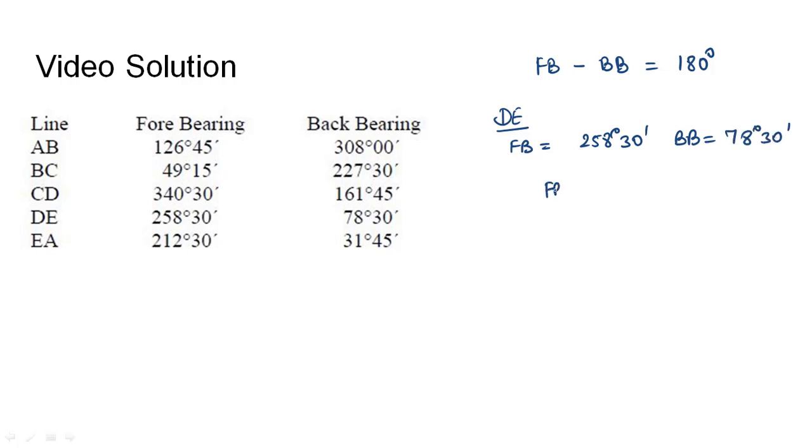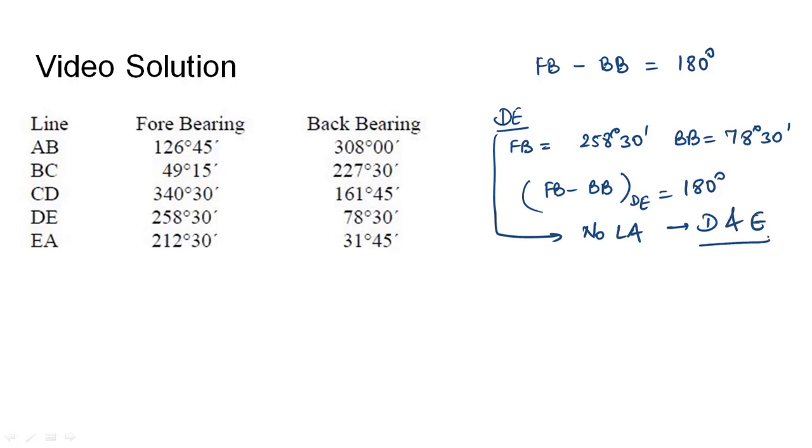Taking the difference, FB minus BB, for the line DE, we get 180 degrees. It means that for DE there is no local attraction, that is D and E are correct.